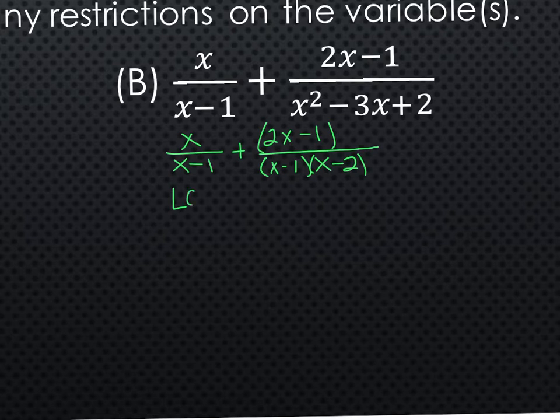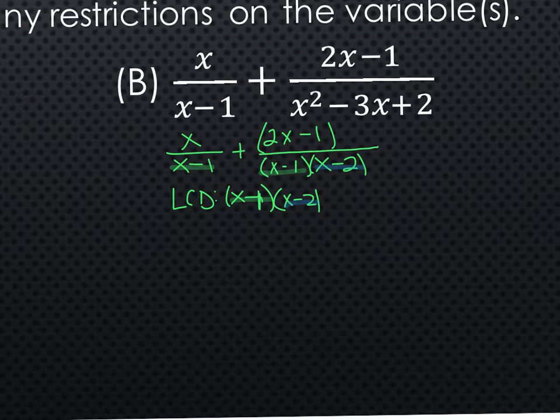So our lowest common denominator, obviously we need an x minus 1, right? Because, notice, it is here and here, so we need it in our LCD. And we also need an x minus 2 because we still have an x minus 2 here. And we need to have everything in the denominators represented in the common denominator.